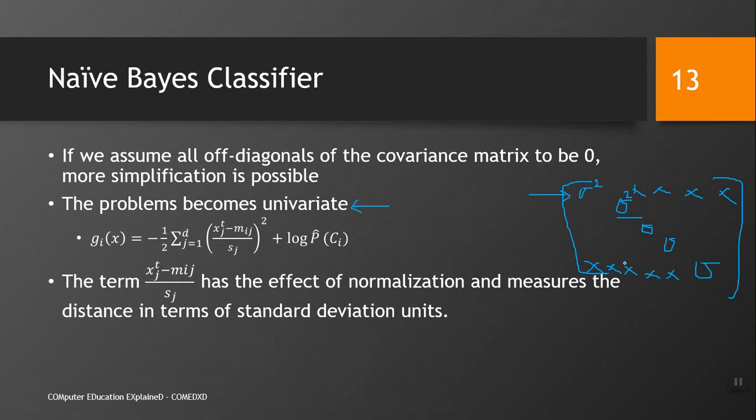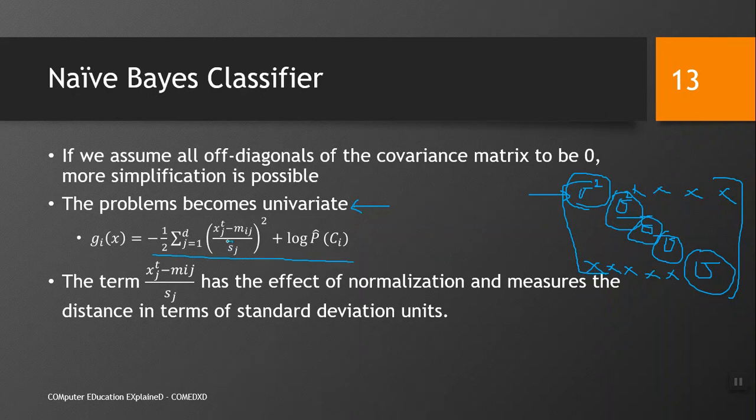When there is no covariance, it means that the problem is reduced only to estimating this parameter that could be calculated with the help of a single feature, and every single feature's variance would be calculated separately to be plugged into our model. Then this discriminator function could be written as this.